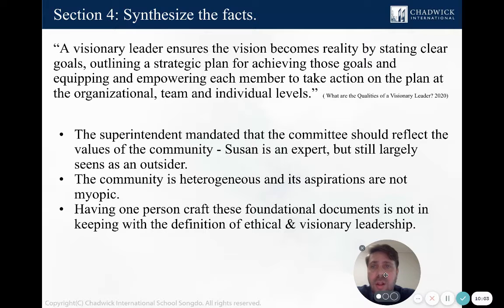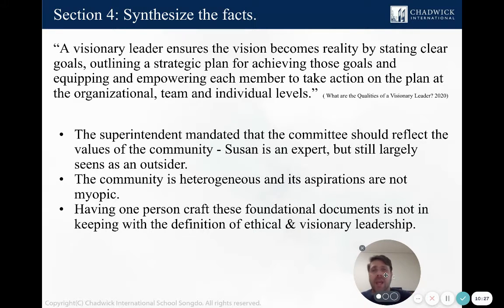And when taking a look at what a visionary leader is meant to be, it's not meant to be an autocrat. Even an autocrat who has a rubber stamped committee that's going along with what they're saying, I think that's a bit of a perversion of the idea of visionary leadership.